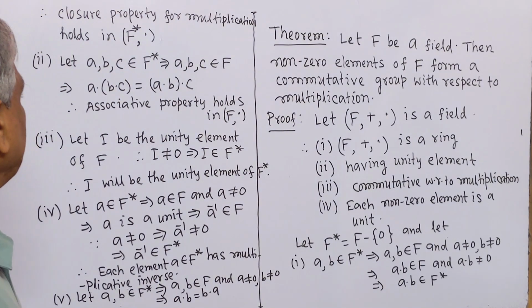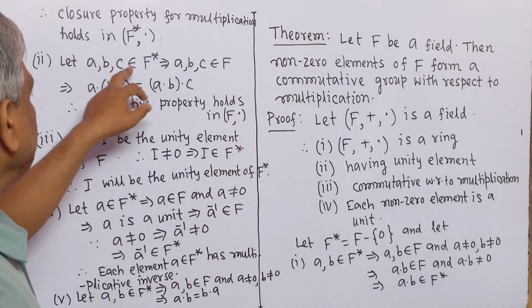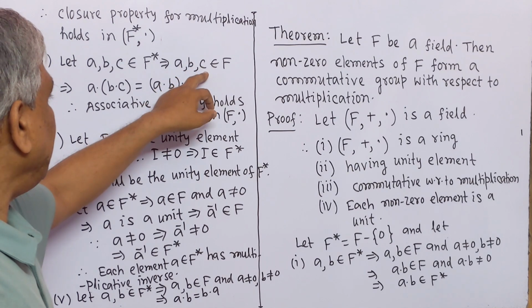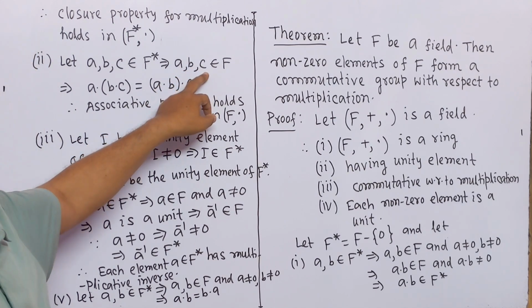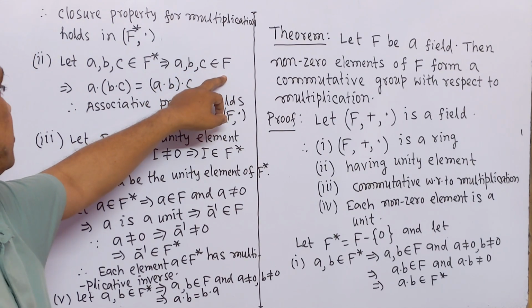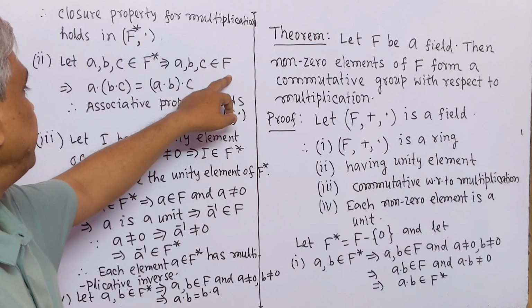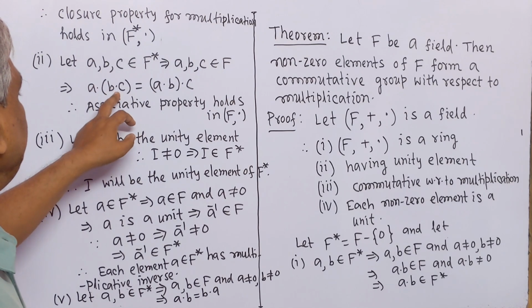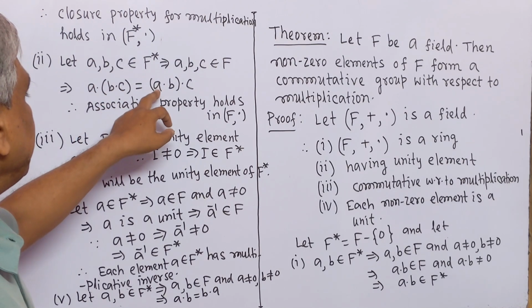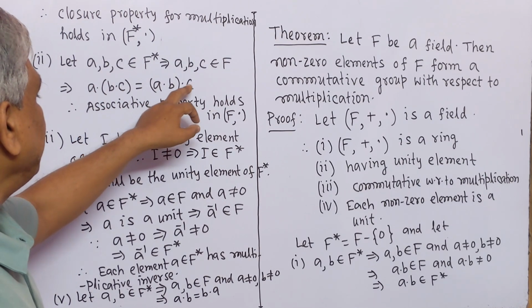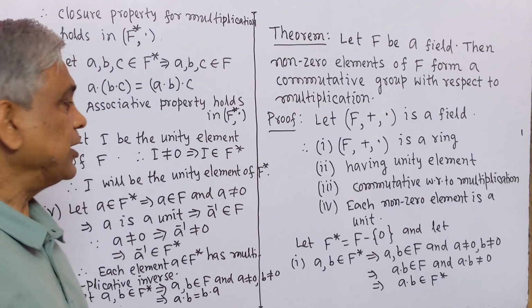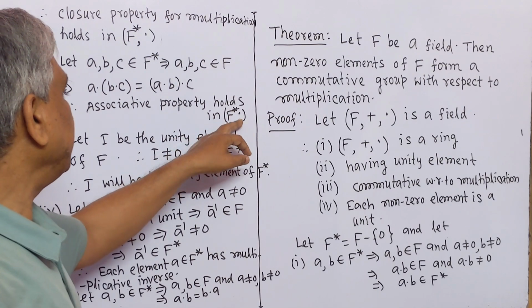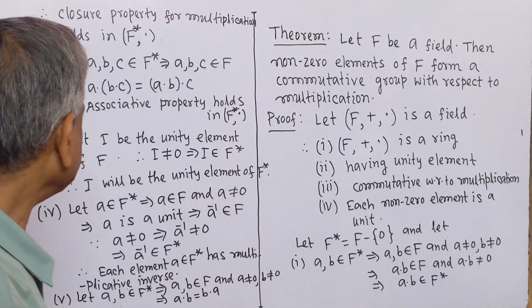That means a, b, c belong to F and a, b, c are non-zero elements of F. Since F is associative, therefore a multiply (b multiply c) equal to (a multiply b) multiply c. Therefore, associative property holds in F star with binary composition multiplication.